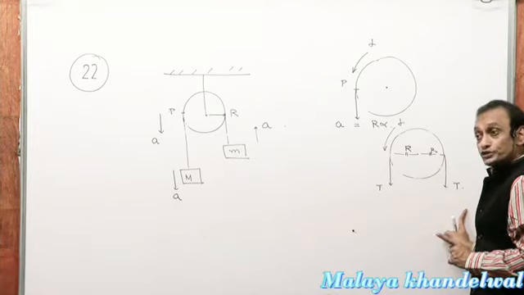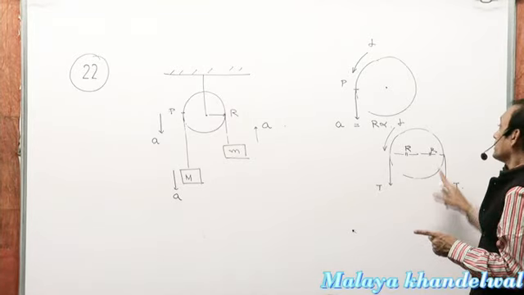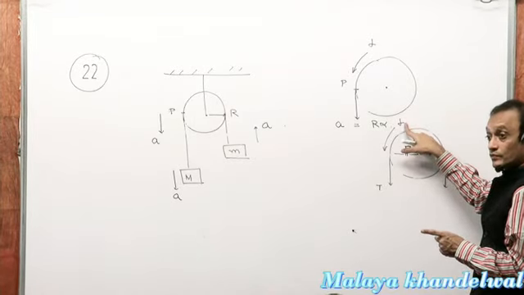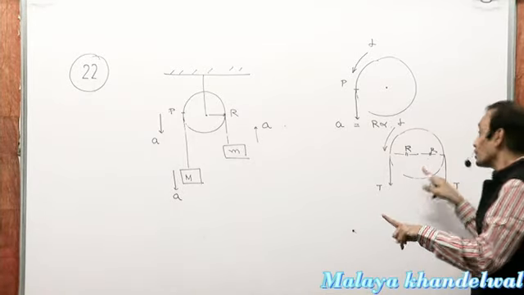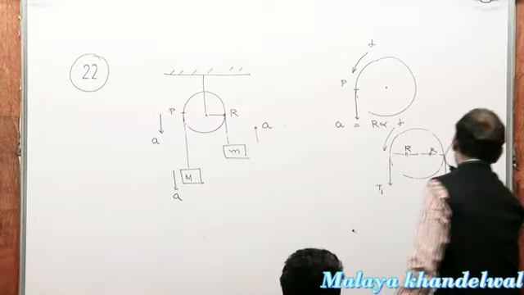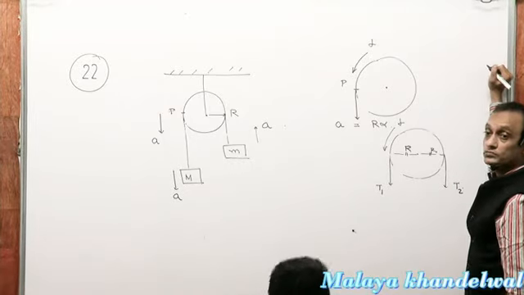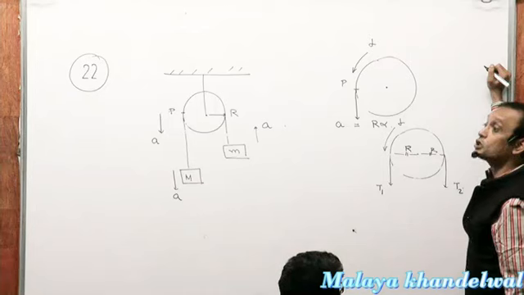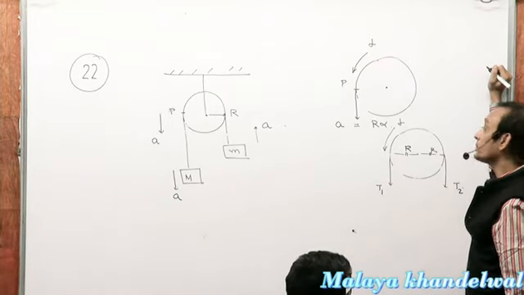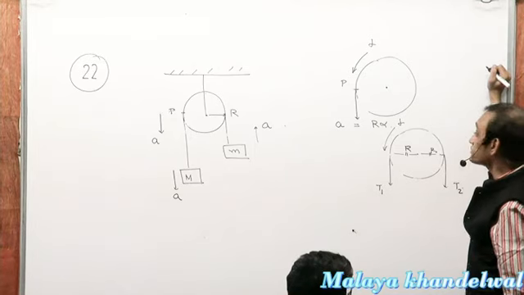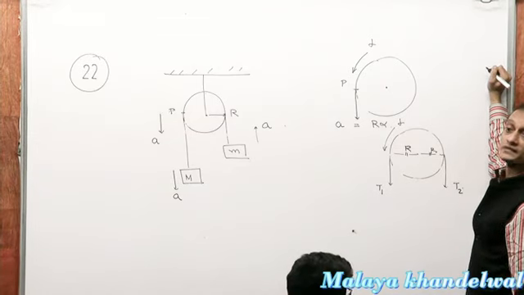Which means tension couldn't have been the same. If you wanted alpha in the pulley, you needed non-zero torque. The only way you could have had non-zero torque is if this tension T1 was different from this tension T2. So here's a case, very contrary to all cases that we've seen earlier, where tension on the same string would be different on the two sides of the pulley.